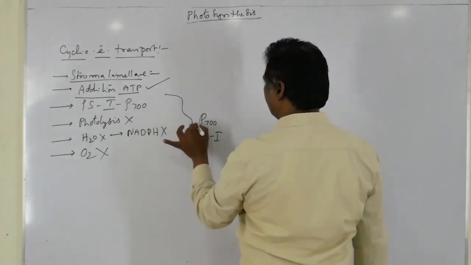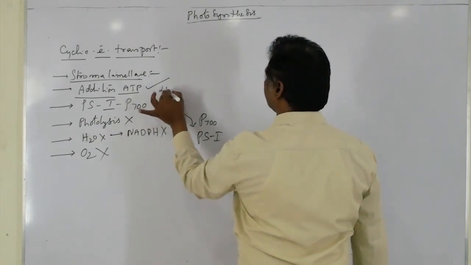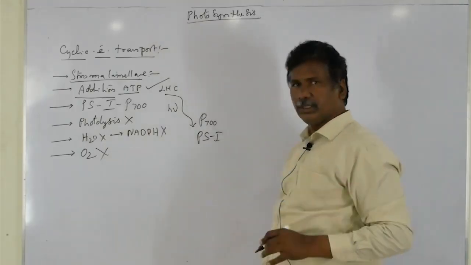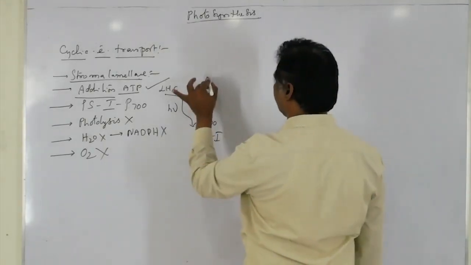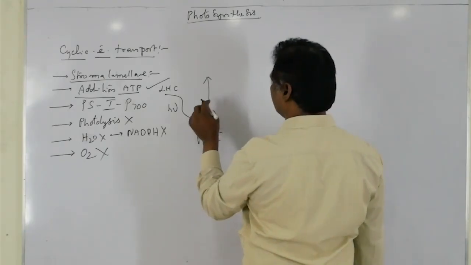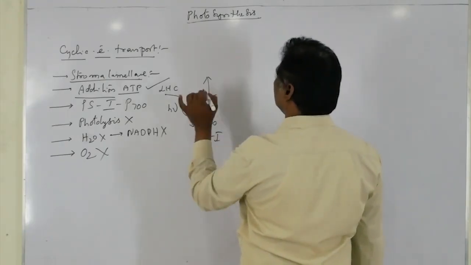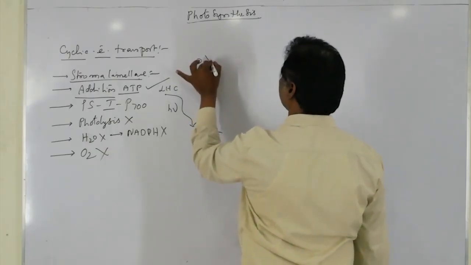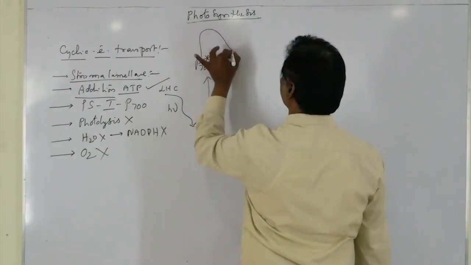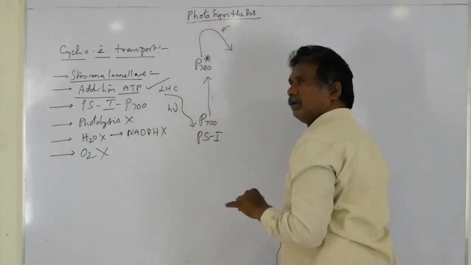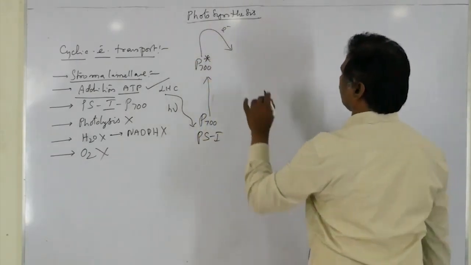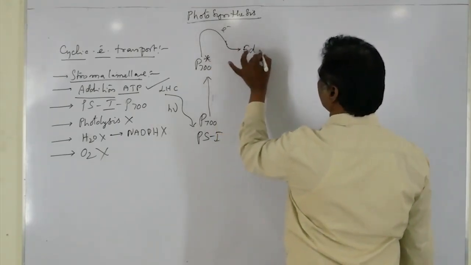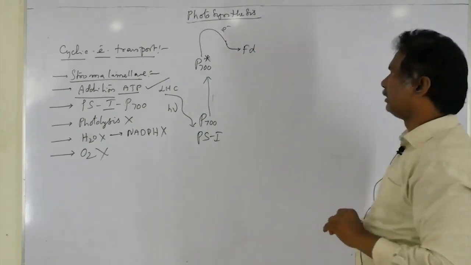That P700 absorbs the light energy from LHC and goes to the excited state, that is P700 star. Immediately it loses its electron, which is accepted by another electron acceptor, called pyridoxine.